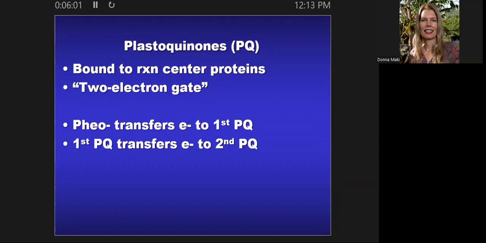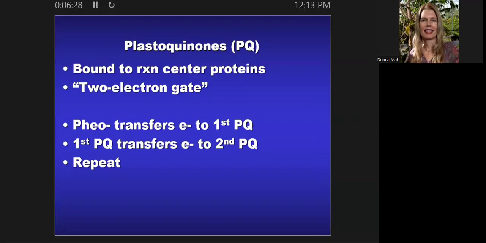It's going to wait until another one comes through. And so you have to go all the way back to the beginning where light energy is striking that chlorophyll in the reaction center, getting the electron excited, given off to pheophytin, given to the first PQ, given to the second PQ. And then that second PQ goes, okay, now I have 2. I'm feeling better about this, but in order to be fully chemically stable, 2 electrons and then 2 protons.